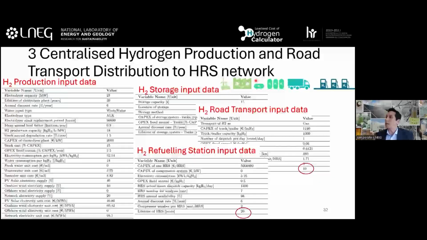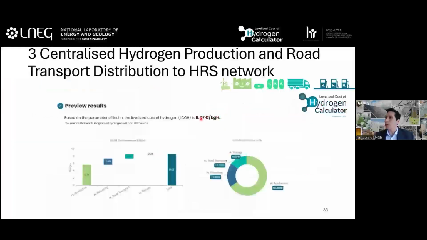So in that sense, we believe we are mapping from the production until the hydrogen refilling station. And of course, the cost of this business model is higher, 8.67 euros per kilogram of hydrogen.